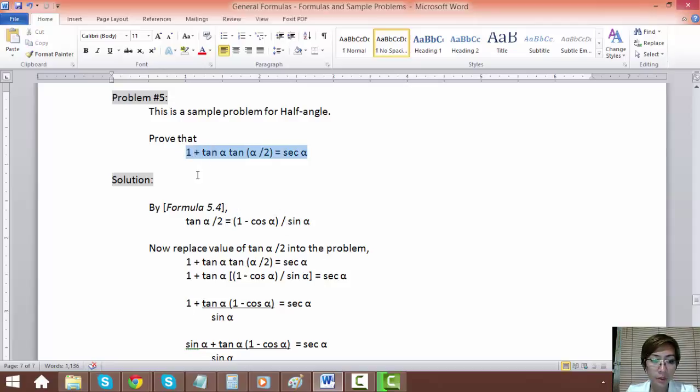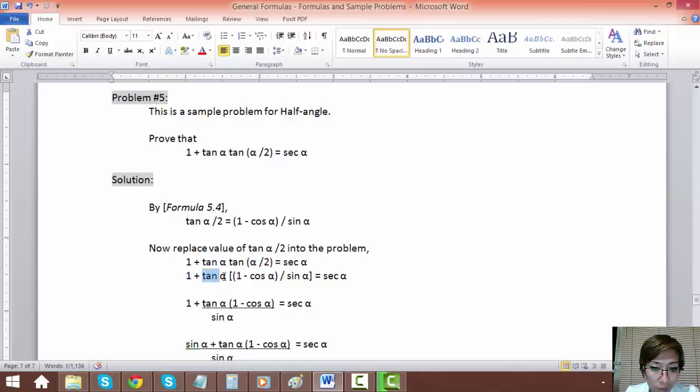Therefore, we arrive with 1 plus tangent alpha, tangent half the angle is equal to secant alpha, or equal to 1 plus tangent alpha times 1 minus cosine alpha all over sine alpha, which is this one, is equal to the right term.